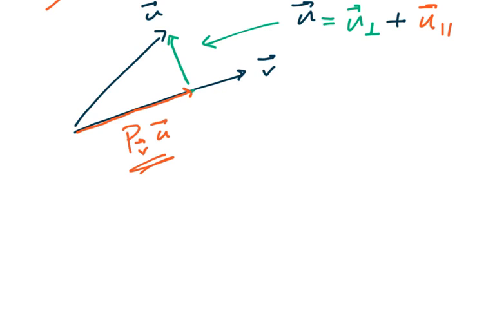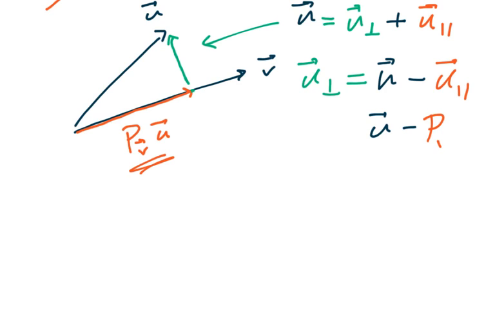Okay? So we saw exactly how to calculate this. This green vector, therefore, is equal to u minus u parallel. In other words, this is u minus the projection onto V of u.